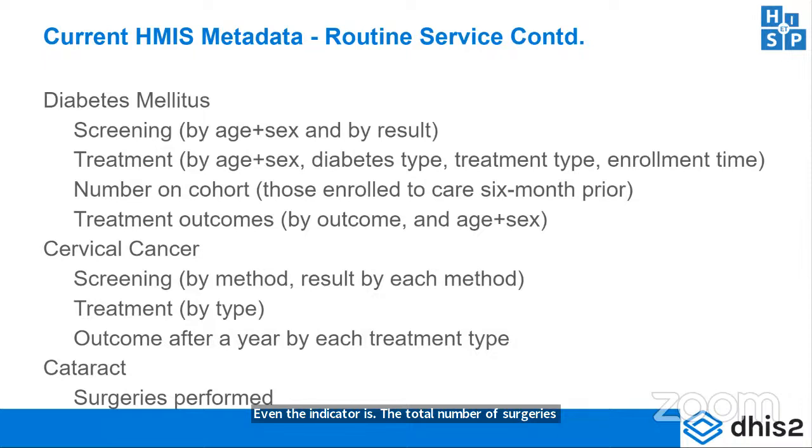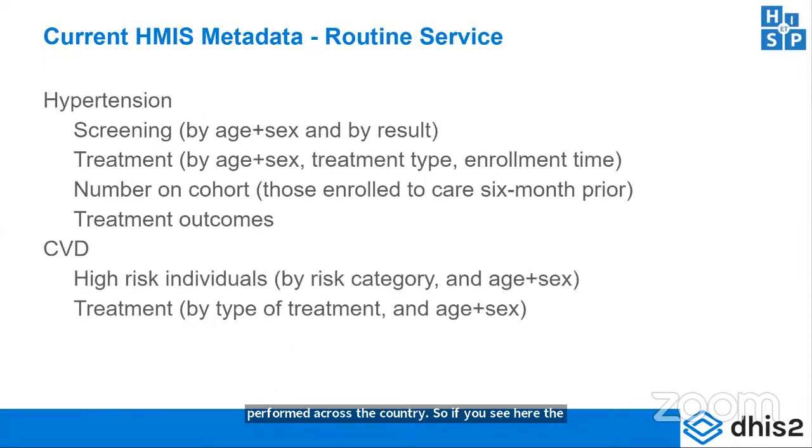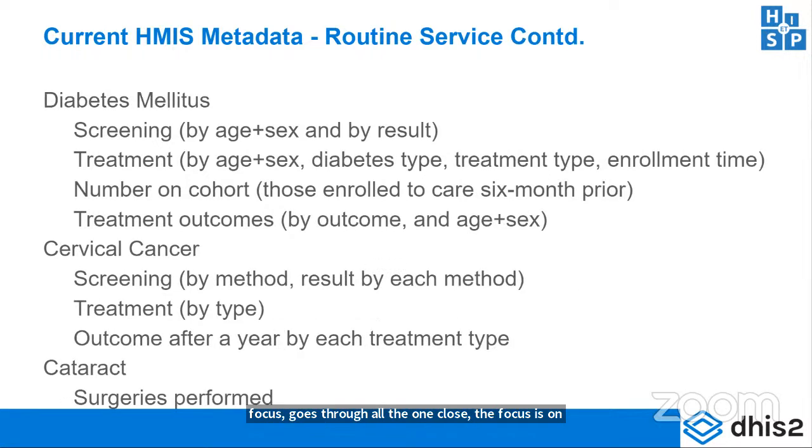So if you see here, the focus goes through all the workflows. The focus is on screening, trying to identify how many people are affected by these NCDs. And there is a kind of data quality check going on between the age and sex distribution and the result distribution, and sometimes when it comes to treatment enrollment time as well.